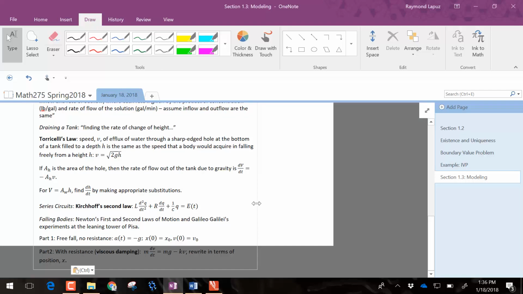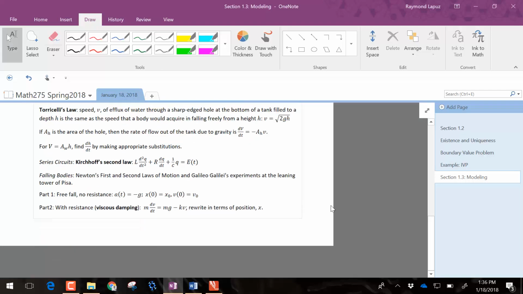Oops, it went past the page. Let's see. There it goes.